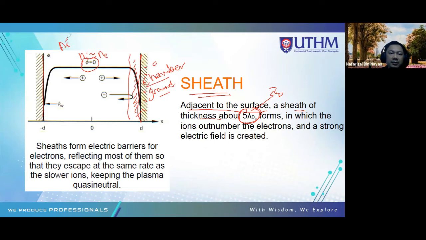As I mentioned, argon will react with the electron. It will create argon plus and 2 electrons. So you have the argon ion here, and you have the electron here. Which one is lighter? Which one is heavier? Argon and electron.